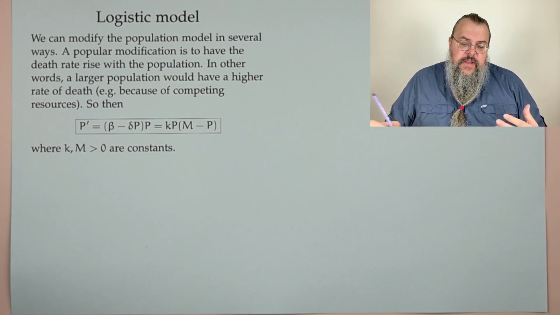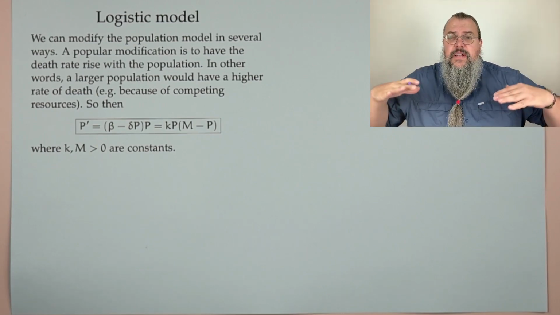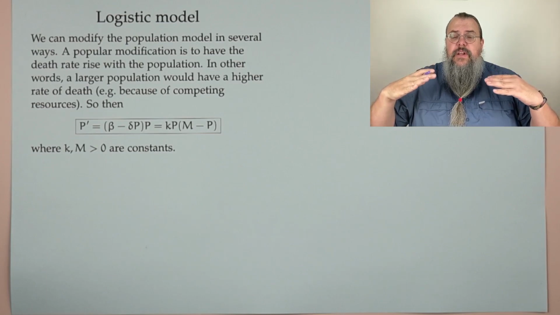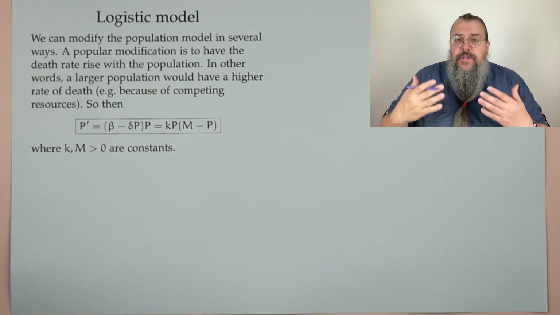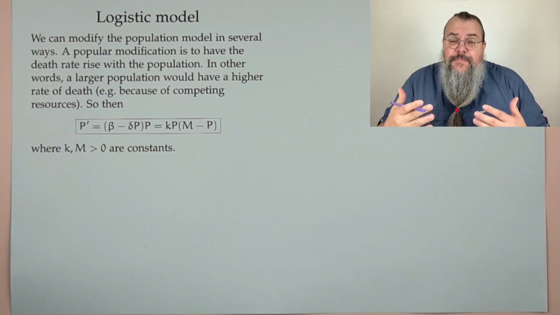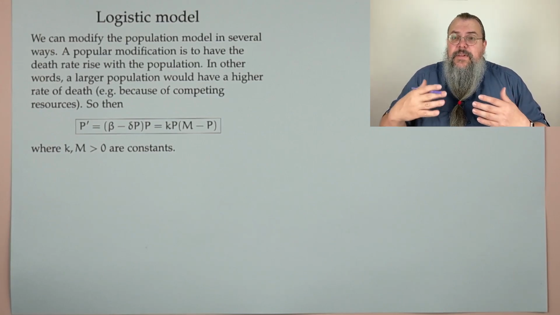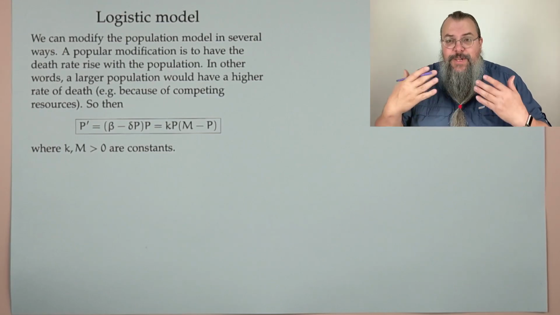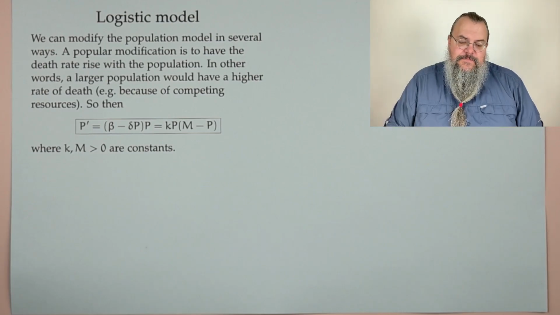What this says is that your death rate can actually rise faster when your population grows. So instead of the death being proportional to population, maybe it's proportional to the square of the population. Well, you might say that's unrealistic, but the nice thing is it's at least something we can work with, and so that's why we make that assumption.